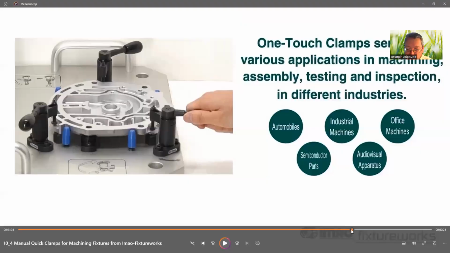One-touch clamps can be used in automobiles, industrial machines, office machines, semiconductor parts, audiovisual apparatus.